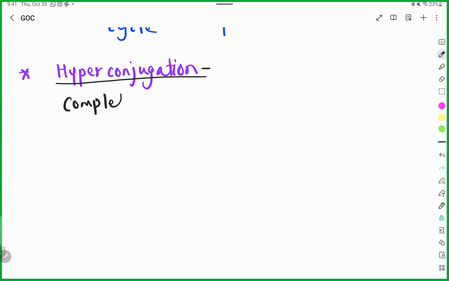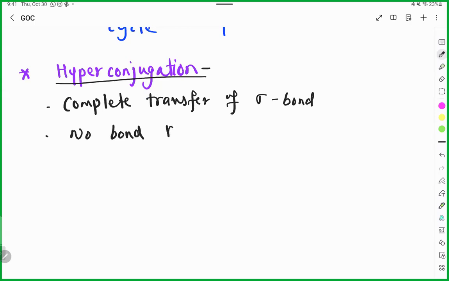So this is also known as no bond resonance or Baker and Nathan effect. No bond resonance. It looks like resonance, but one bond will be broken. Also known as Baker and Nathan effect, a scientist name. Correct?